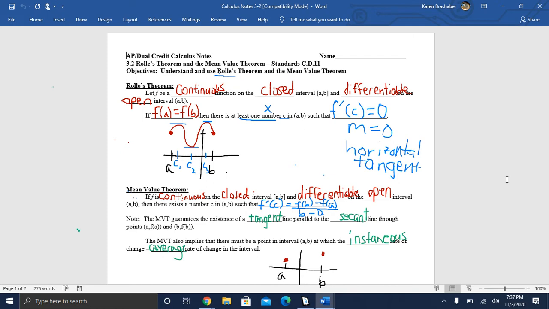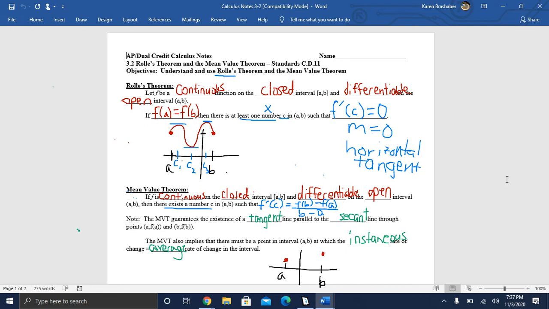If those are met, then the mean value theorem says there is a number c in between a and b, such that the derivative, f prime of c, is equal to f of b minus f of a over b minus a.